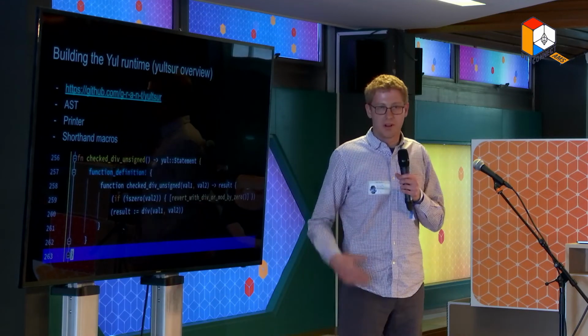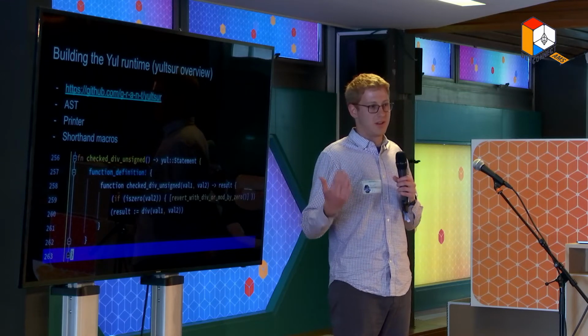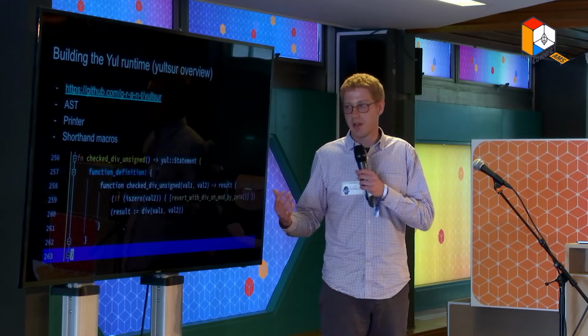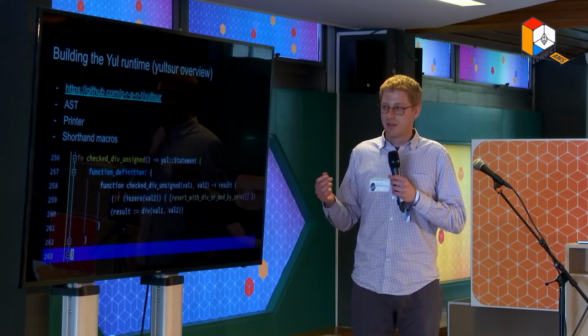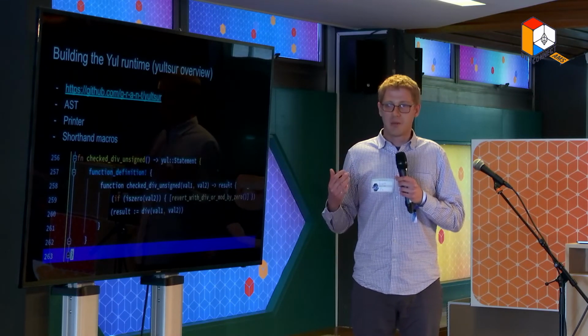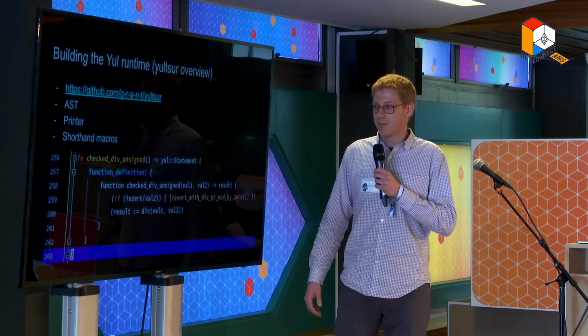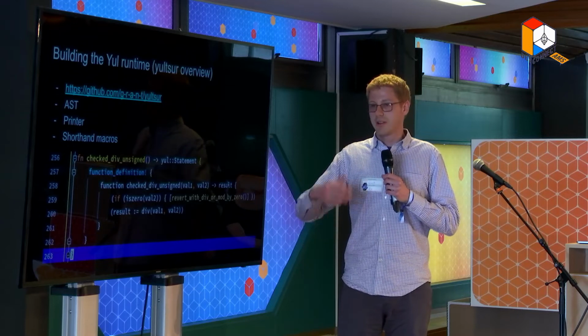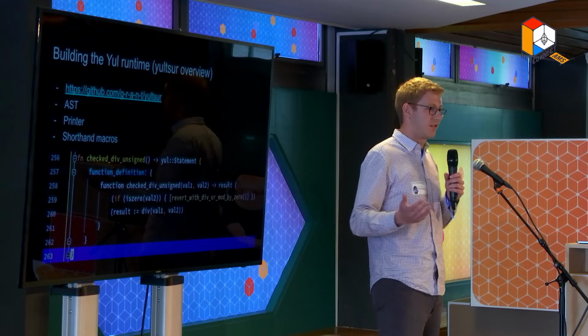When we're building the runtime for a contract, it's a lot of code that you need to generate, and you need to manage that complexity. So as opposed to writing AST objects by hand or putting strings together, we're using declarative macros in Rust. Just a show of hands, do people know what declarative macros are?